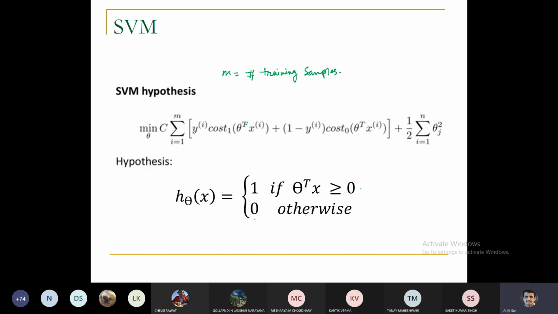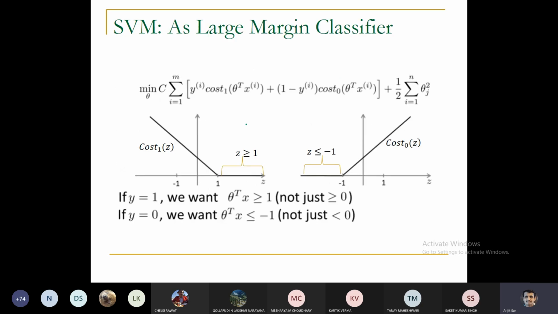Now, what does this mean? This means that this support vector machine we can see as a large margin classifier. Why large margin? Because you see the cost curve previously is a kind of logarithmic curve.